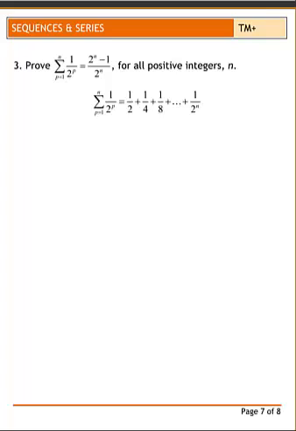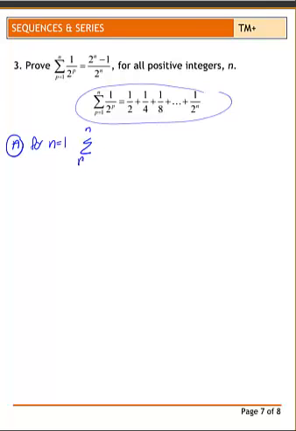Okay, my last one, prove the sum of 1 over 2 to the p equals 2 to the n minus 1 all over 2 to the n for all positive integers n, and then I'm given this here. Okay, so step A. For n equals 1. We're given the sum from 1 to n of 1 over 2 to the p equals 2 to the n minus 1 all over 2 to the n.